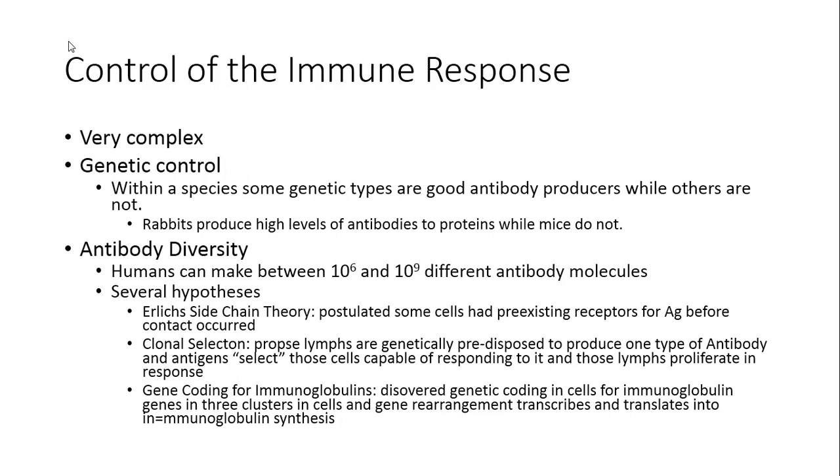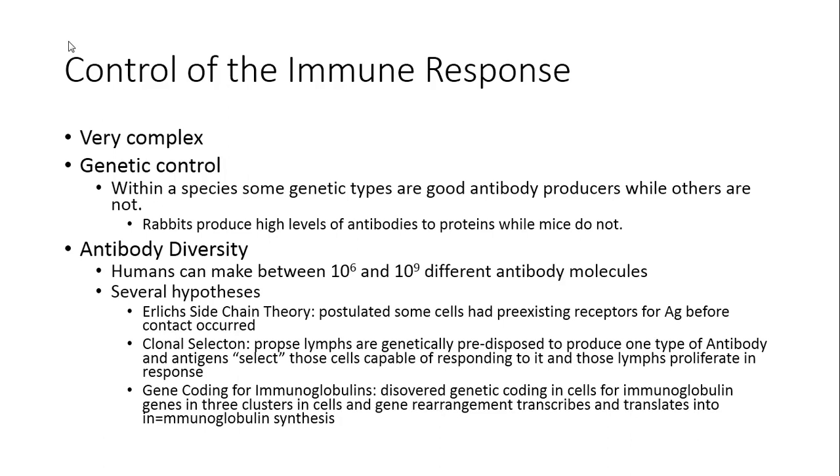We'll see that those kinds of responses can be quite harmful to the host. So we have a complex series of controls of the immune response, and the concept of these immune responses is based on a couple of premises. First is that, just genetically, some species are really good antibody producers and some aren't.